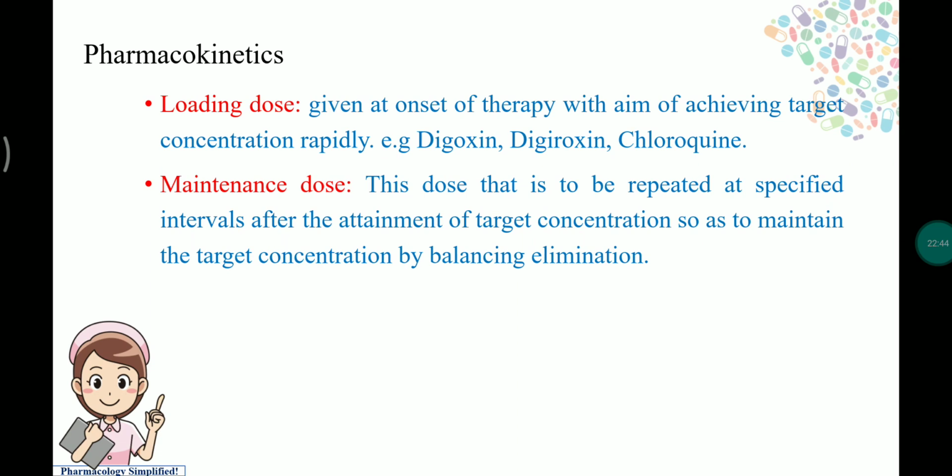Examples are digoxin, chloroquine, etc. They are given at a larger dose at the starting of the treatment itself. Once the target is reached, to maintain it, we will give some doses repetitively. We call them maintenance doses.